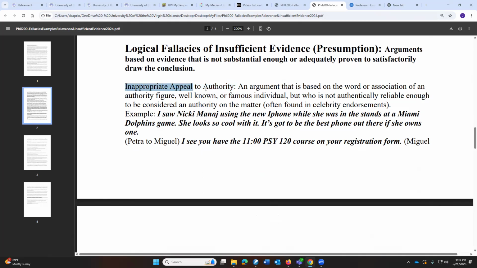The inappropriate appeal to authority is an argument based on the word or association of an authority figure, well known or famous individual, like a celebrity perhaps, but who is not authentically reliable enough to be considered an authority on the matter itself. When we get to talking about advertising, we're going to see that this is found in celebrity endorsements quite often.